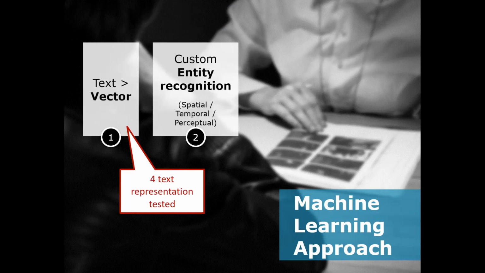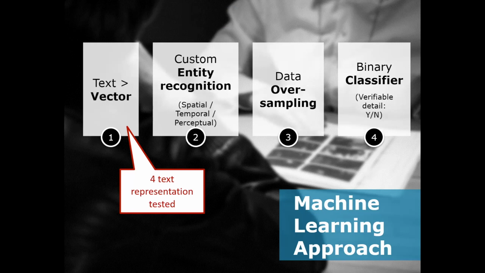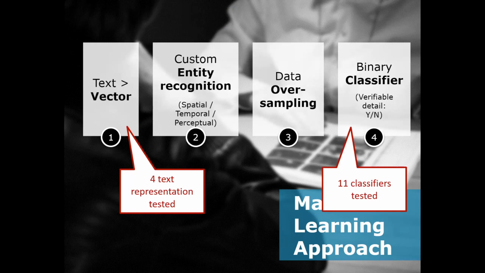Then, to compensate for the unbalanced classes, we used methods of oversampling. And last, we used a binary classifier for each detail to predict whether the detail was verifiable or not. This time we compared 11 different classifiers, which I won't go into here, but just to show that we tested different approaches.